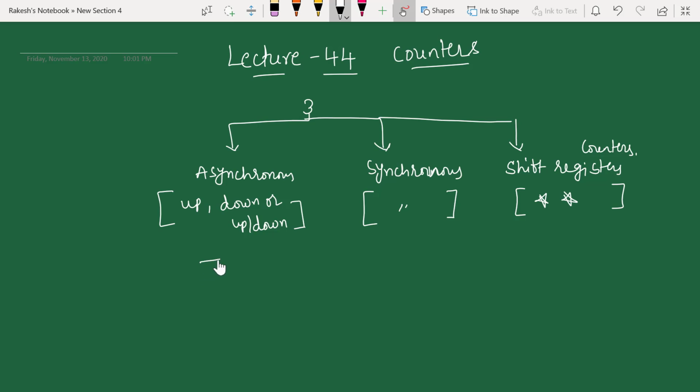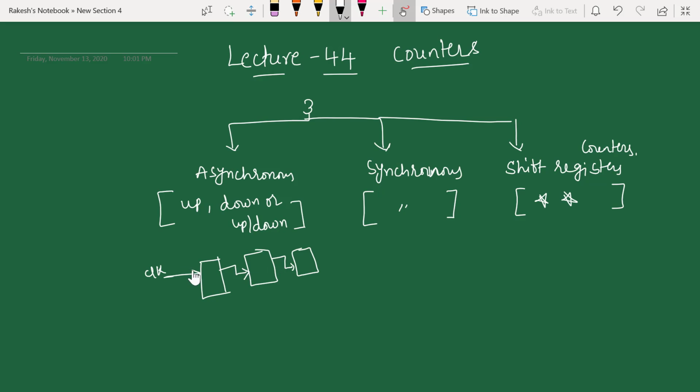In an asynchronous counter, you are going to have a set of flip-flops in which the clock is given to only the first flip-flop. Your clock will be given to the first flip-flop. The second flip-flop will react to the output from the previous flip-flop. The output from the previous flip-flop will act as a clock for the second flip-flop. Similarly, the output from the second flip-flop will act as a clock for the third flip-flop.